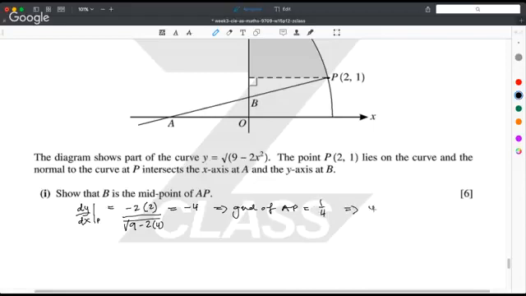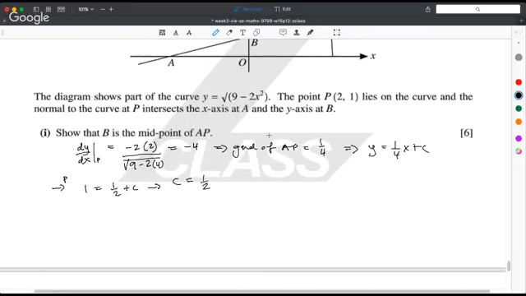So our current equation stands at y is equal to 1/4 x plus c. Plug in the point P, and we get that 1 is equal to 1/2 plus c, so c is equal to 1/2. So our amended equation is y is equal to 1/4 x plus 1/2.